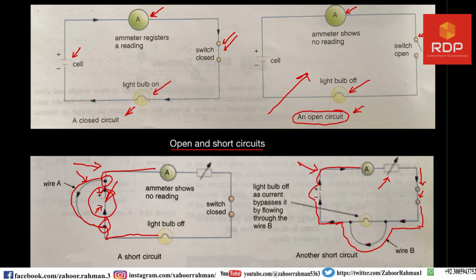So here it is written, light bulb off, as current bypasses it by flowing through the wire B. The current is easily going through wire B. It is not going in this direction, it is going in this direction, and it can pass easily through wire B, which is used as a bypass for the bulb. As a result, the bulb will not be turned on. So these two figures show another example of a short circuit.